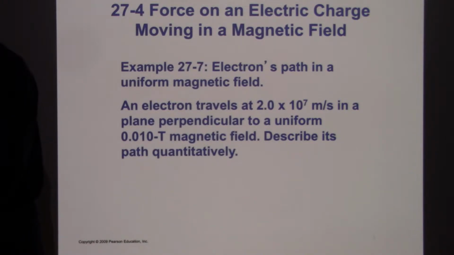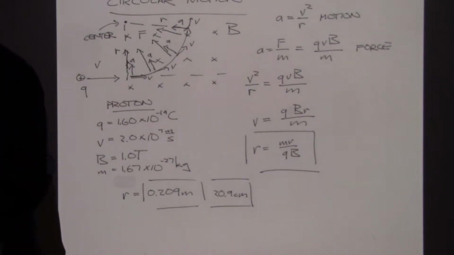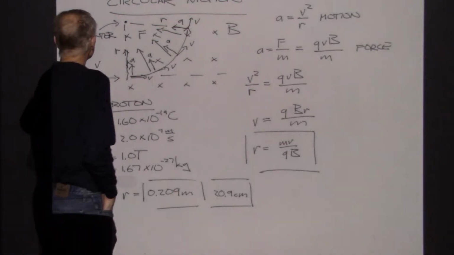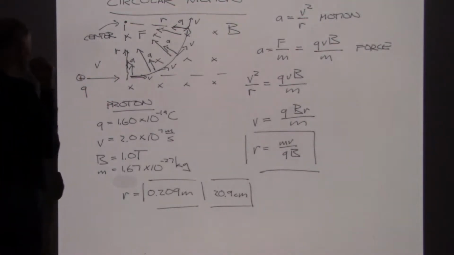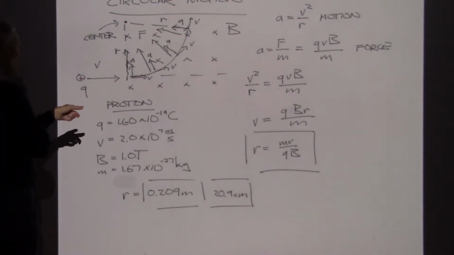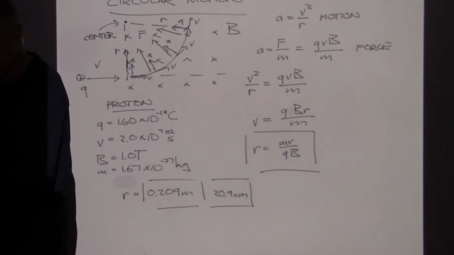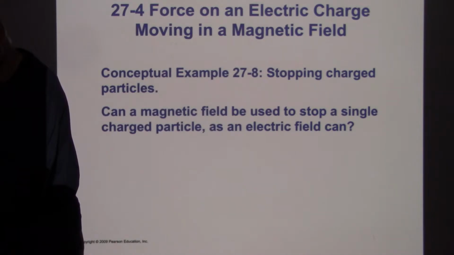Oh, it says describe the path quantitatively. Oh, come on, we can go in and calculate for this, so let's do it. So what will that circular motion look like? Okay, now I've solved here for a proton, not the electron, but I felt like it was time.